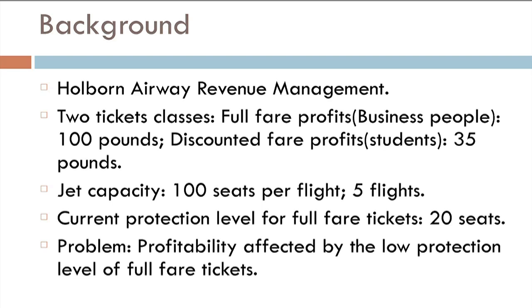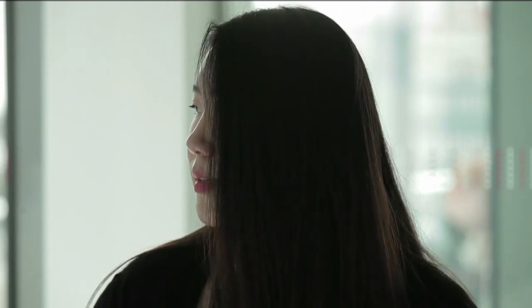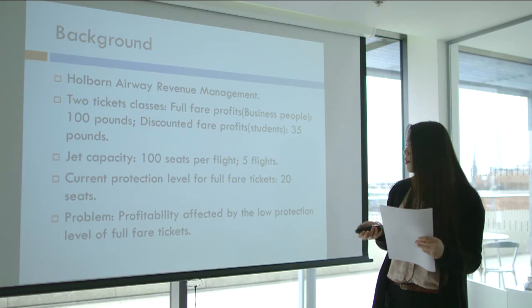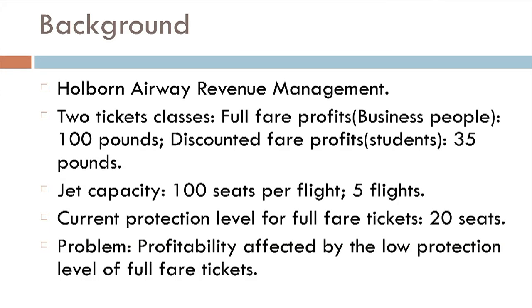The idea of the protection level is to pre-reserve seats for full fare customers in order to maintain the sales revenue of the company at a certain level. So the discounted fare tickets can only be sold at around 30, because we reserve 80 of the seats for full fare tickets and only 20 seats can be sold as discounted fare.